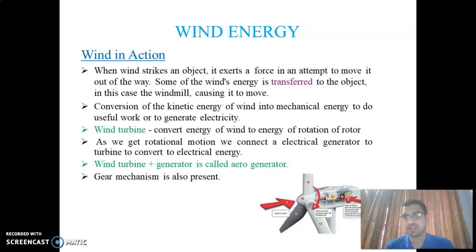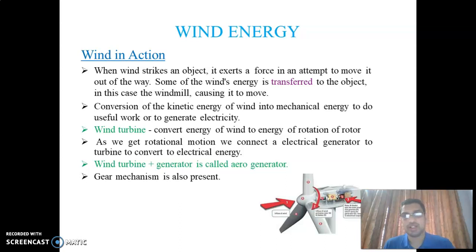When wind strikes an object, the object gets some energy and moves out of the way. That is the working of a windmill or wind energy system.